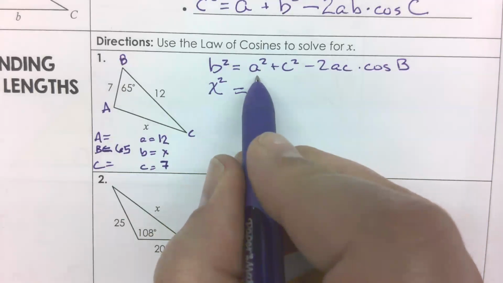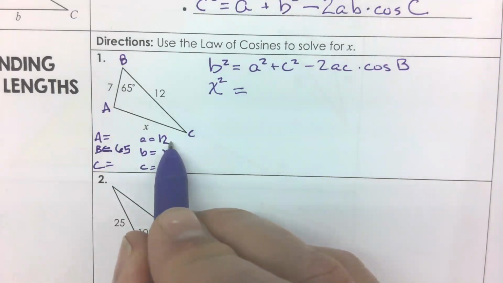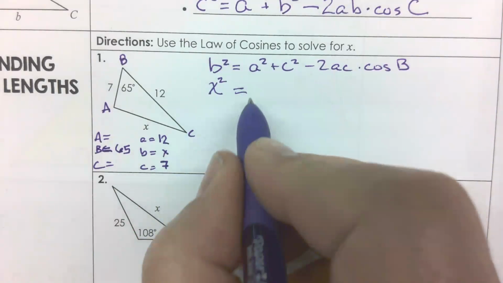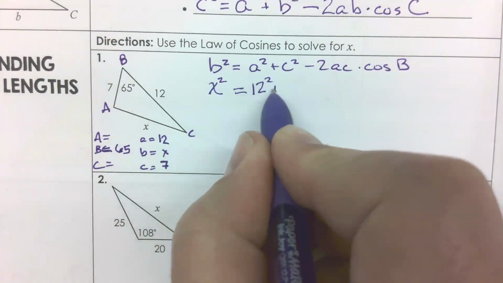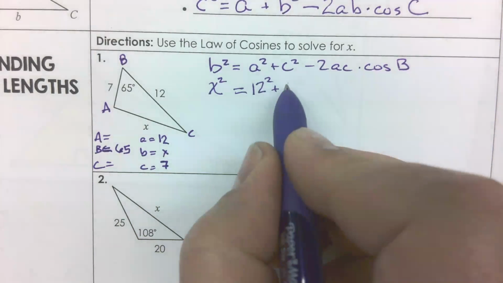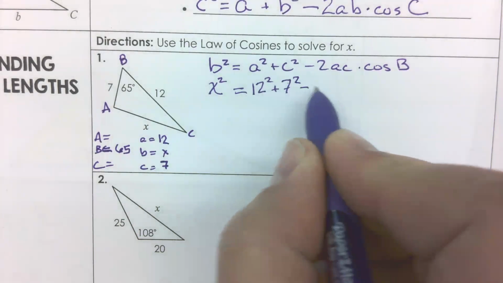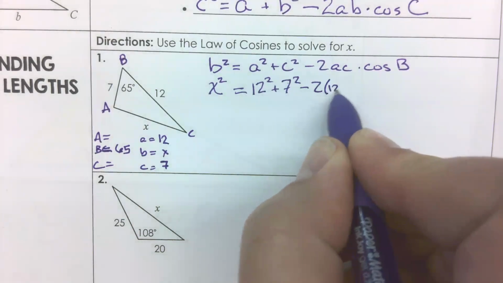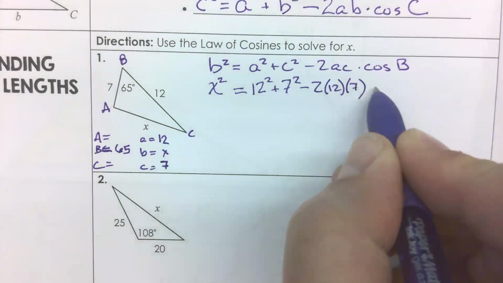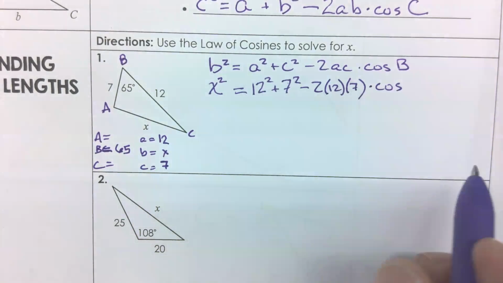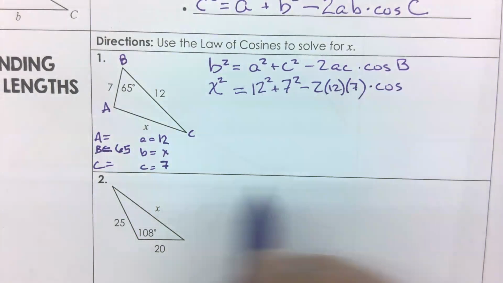What about side A length? And C squared, minus 2 times 12 times 7 times the cosine of what's angle B? 65.